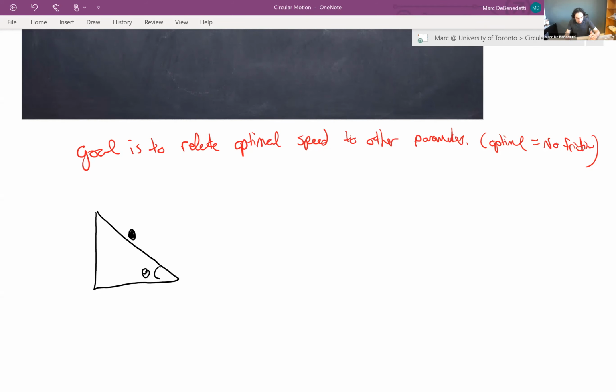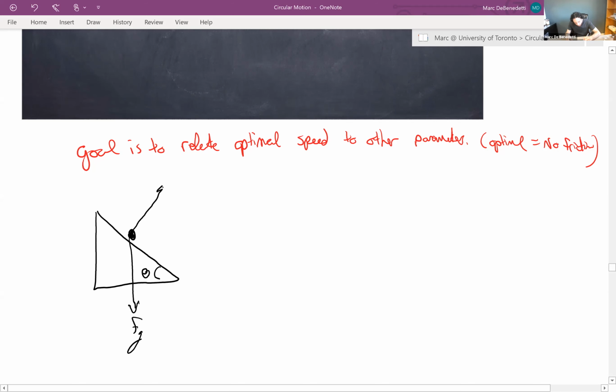But in our case, our specific goal is to not have friction. So I'm going to label all my forces, but not label friction. I always have gravity pointing downwards. I'm on a surface, which means there's going to be a normal force, and the direction of the normal force is pointing perpendicular to the surface.